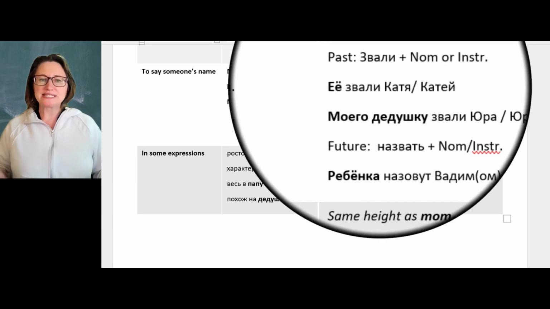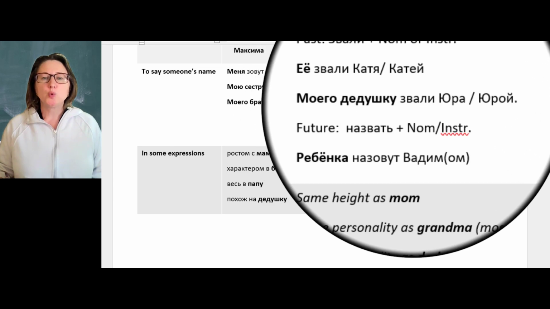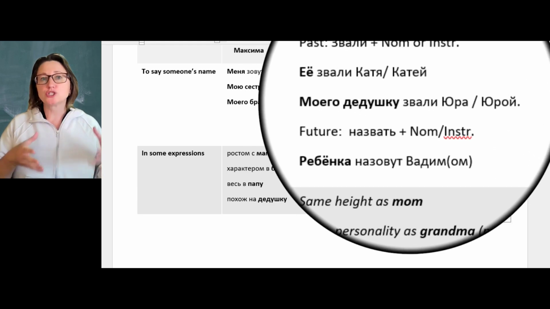So for example, if you want to say her name was Katya, you can say ее звали Катя, or ее звали Катей. So Katya instrumental form will be kind of like old-fashioned, but still sometimes used. Or my grandpa's name was Yuri or Юра. Моего дедушку звали Юра. Or моего дедушку звали Юрой.